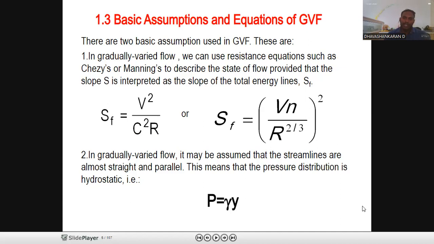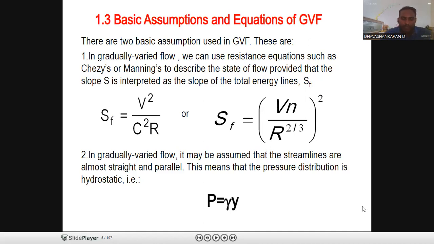Once again, to recall, prismatic means that the channel has a proper, constant cross-section, area, shape, size, etc. When it comes to the non-prismatic channel, we do not consider the cross section; it may be irregular in shape, size, etc.